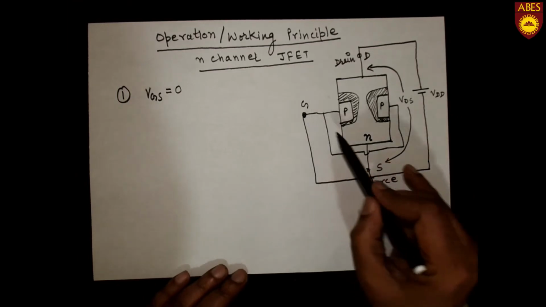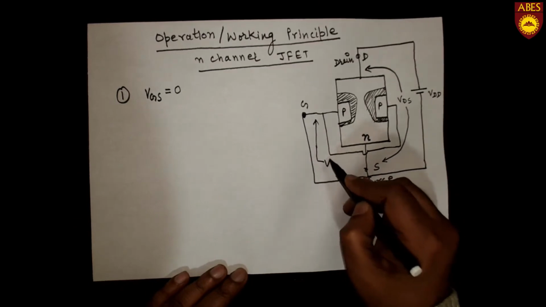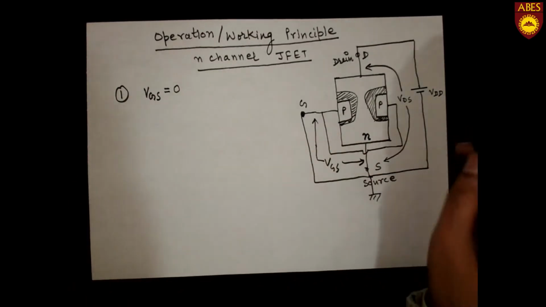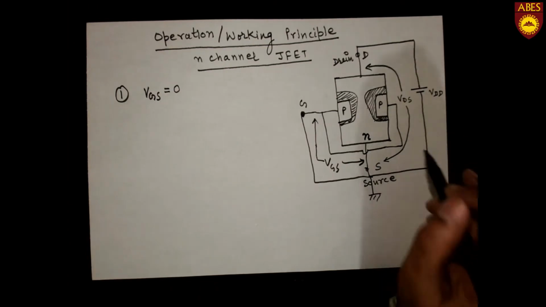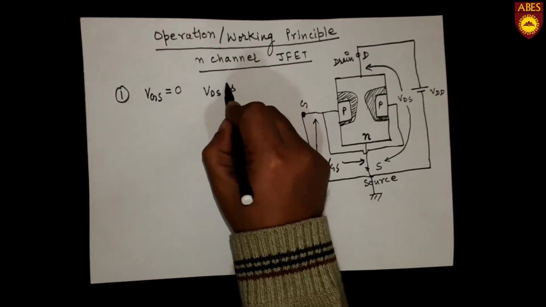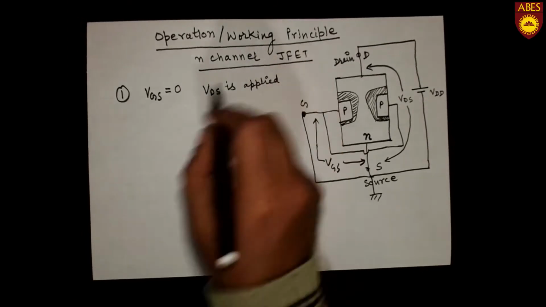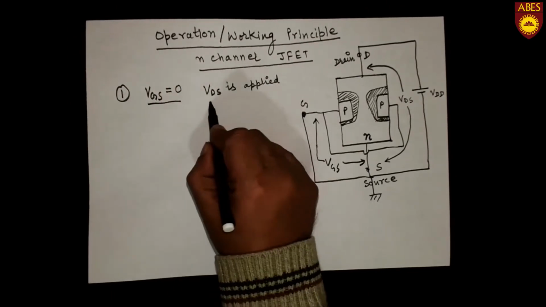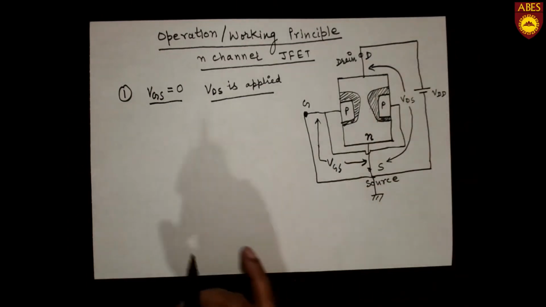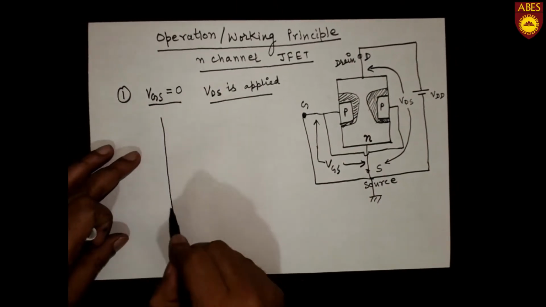So VGS is 0 and VDS is applied. In this condition, when VGS is 0 and VDS is applied and increased, what will happen?